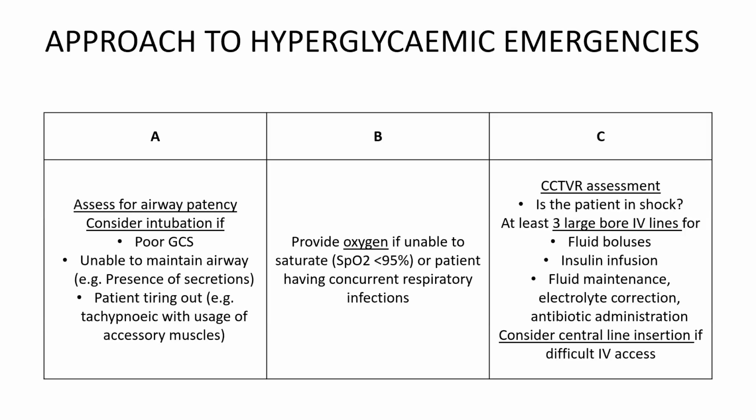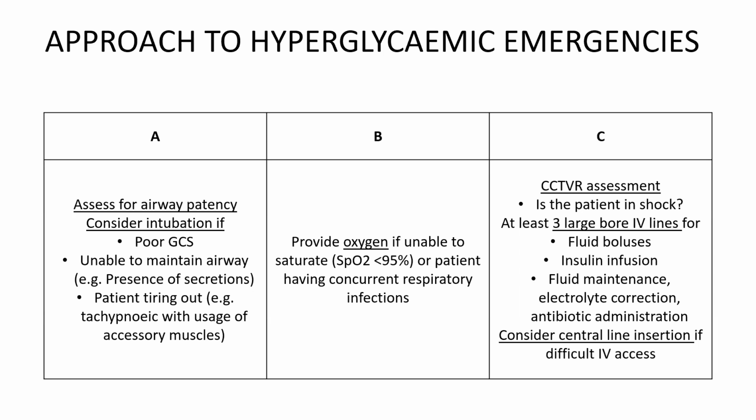All right, so how do we approach hyperglycemic emergencies? Besides starting off with history and physical examination, definitely history, we have to ask whether he has underlying DM, how long has he been doing follow-up, is the patient complying to medications and whatnot, and other important history like vomiting and abdominal pain or any signs of infection.